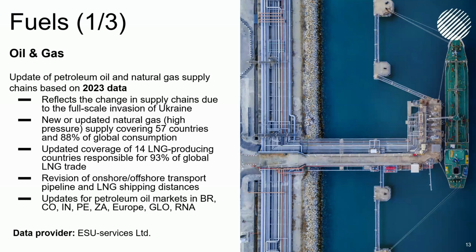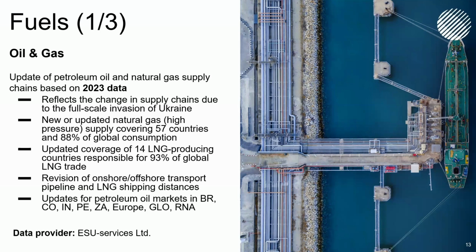Additionally, we've revised transport data for onshore and offshore pipelines, as well as LNG shipping distances to increase the accuracy of the modeling for each region. Finally, the last update for this part concerns the data for petroleum oil. We have updated petroleum oil markets in several key regions, such as Brazil, India, Europe, and North America, to mention a few of them.